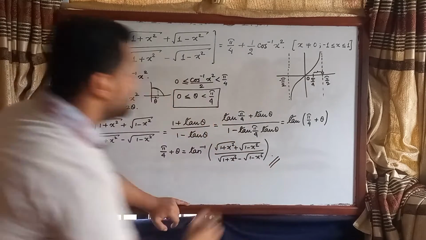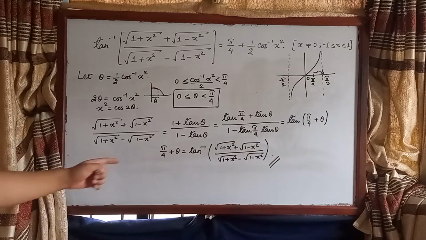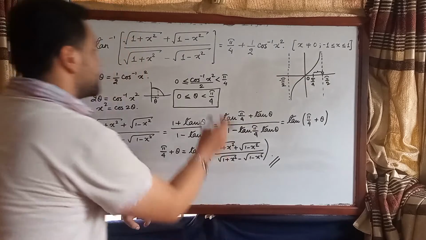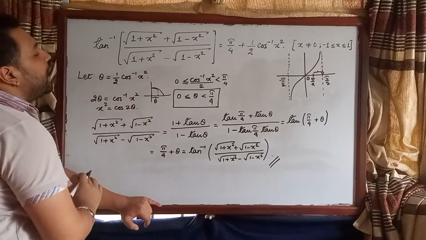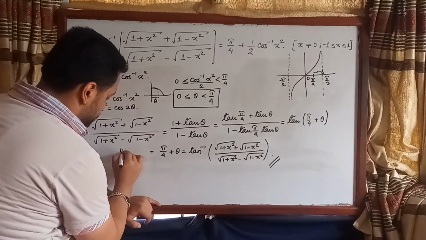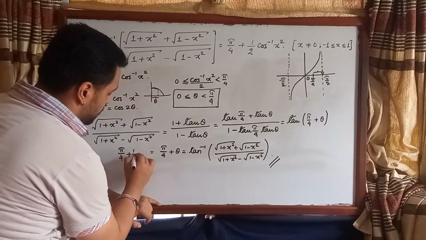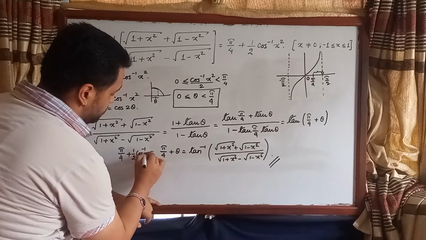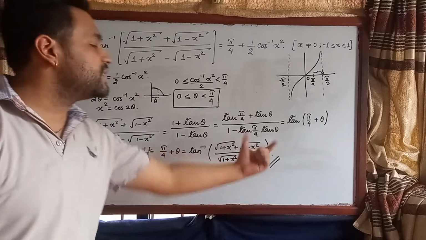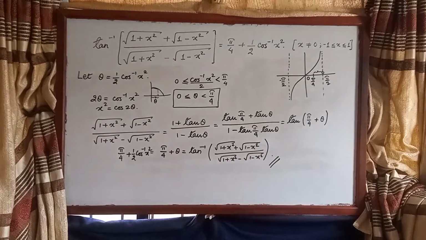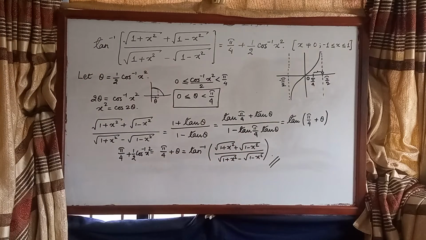So this is how we prove this identity. Basically theta equals half cos inverse of x squared, so this is pi by 4 plus half cos inverse of x squared. This is how we prove this identity.